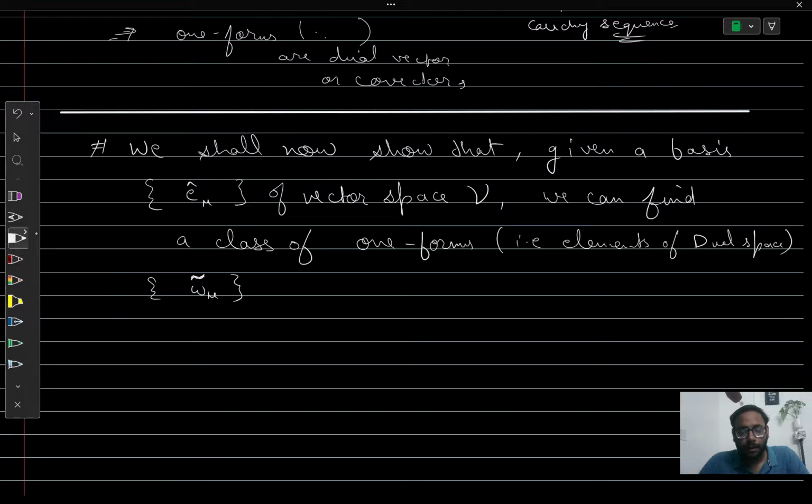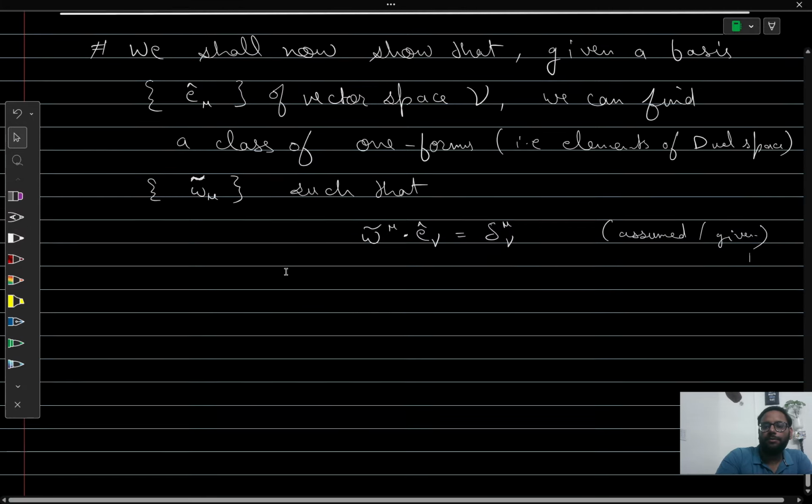Such that this curly thing, these one forms, take the inner product with the basis, and you will find that this is assumed, or say given to you.